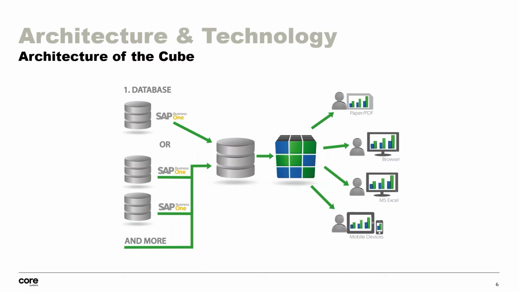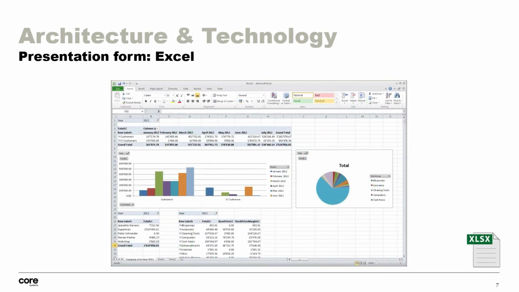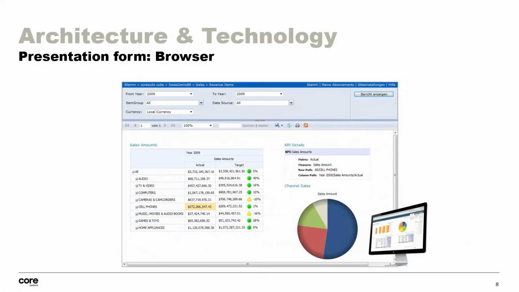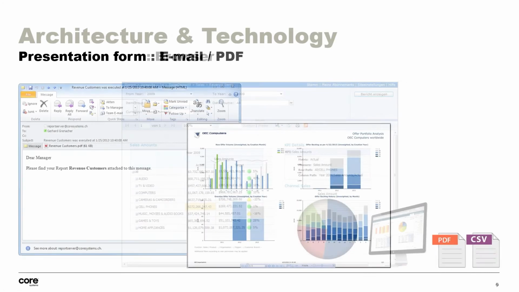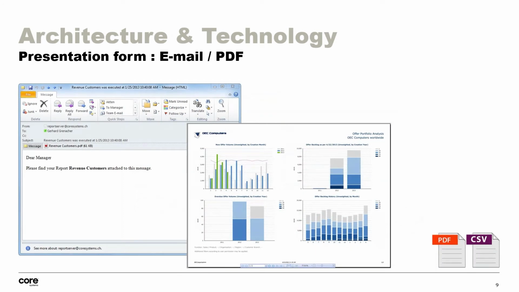This is actually, on a very simple level, how it works. And those would be the presentation forms. You can see here as an example Excel. There is a report. Then we have here the browser presentation form, or via email and PDF, because you have the possibility to create a subscription so that the report you created or the predefined report should be sent maybe every week to some assigned people.